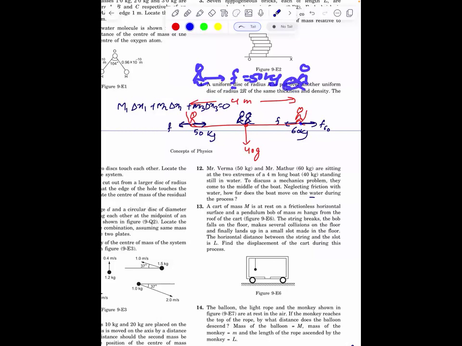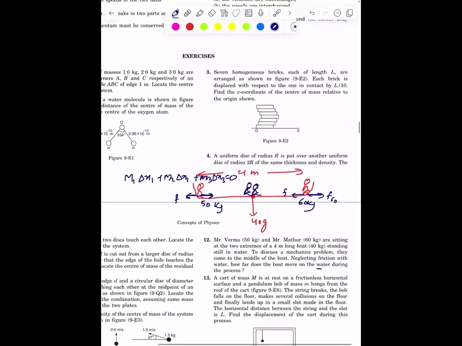But this friction is actually not doing anything on the boat. The opposite reaction acts on the boat. This boy is applying friction this way to move, and this one is applying this way. So this friction is because of 50 kg, this friction because of 60 kg. The friction because of 60 kg is dominating, and that is why the boat has to move right. But those students say, sir, I have taken the boat to move left. No problem. You can take left or right. Now, guys, I'm writing here.